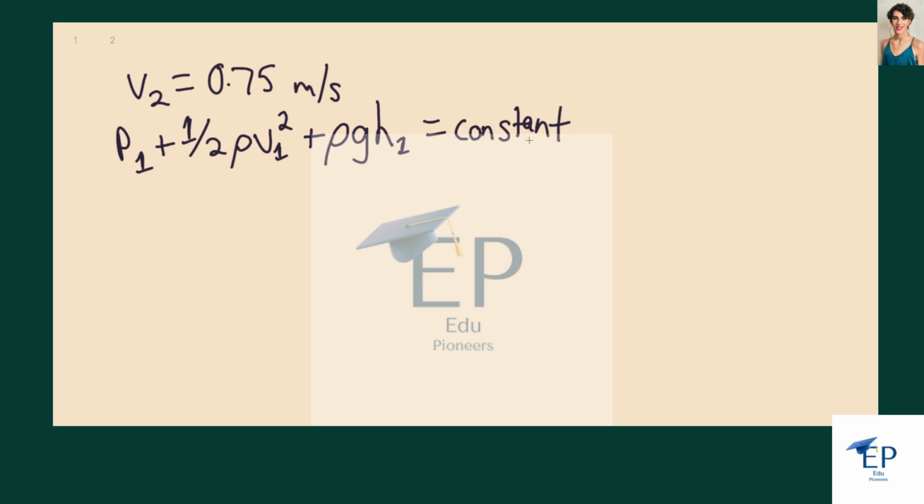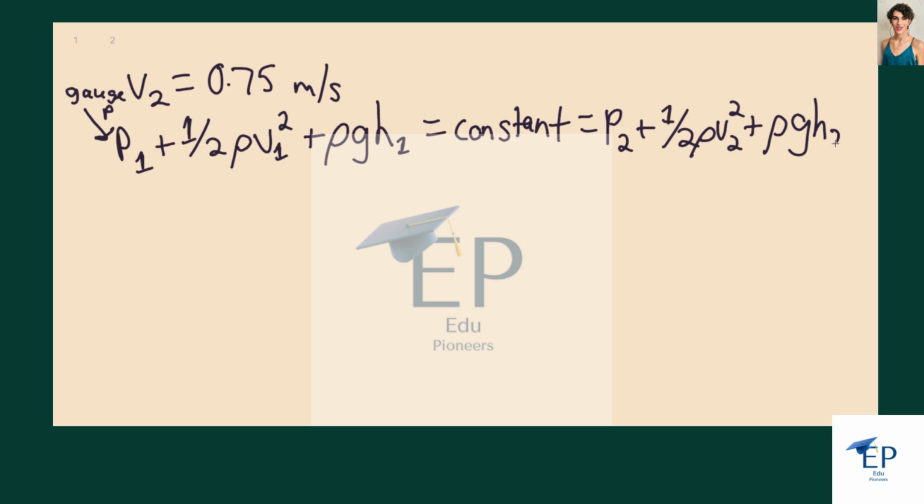So this entire sum is going to be equal to the sum at the second part of the pipe. And again, P sub 1 here is the gauge pressure. So here it would simply be P sub 2 plus half rho V sub 2 squared plus density times gravity times H sub 2.